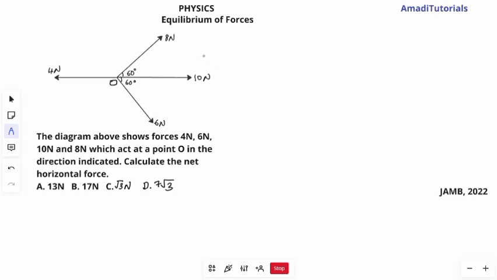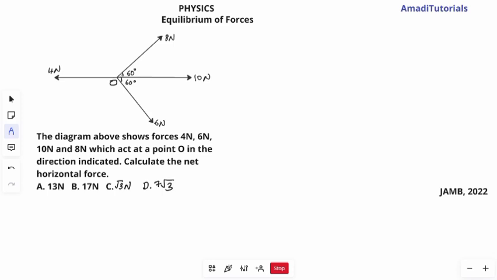In this equilibrium of forces, this has nothing to do with moment. Because when you're talking about moment, you're looking at the turning effect, so there has to be a fulcrum. But here there is no fulcrum.